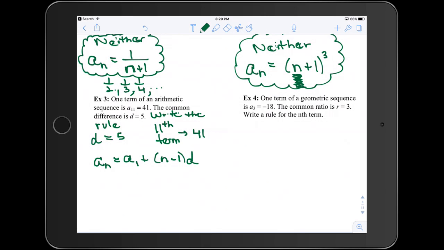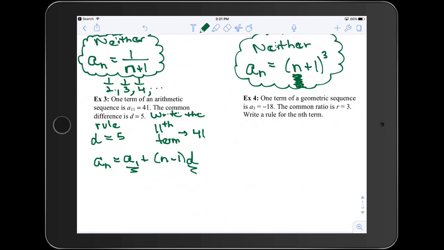Now, the reason I'm writing this down is that I don't have a sub 1. I'm missing that. I do have the D value, which is good, but I need to know what value a sub 1 is. And of course, you can work backwards, although that gets a little tedious. This one isn't impossible to work backwards to that first term, but if I say a sub 131 is equal to 5,000, you're definitely not going to want to work backwards from that value.